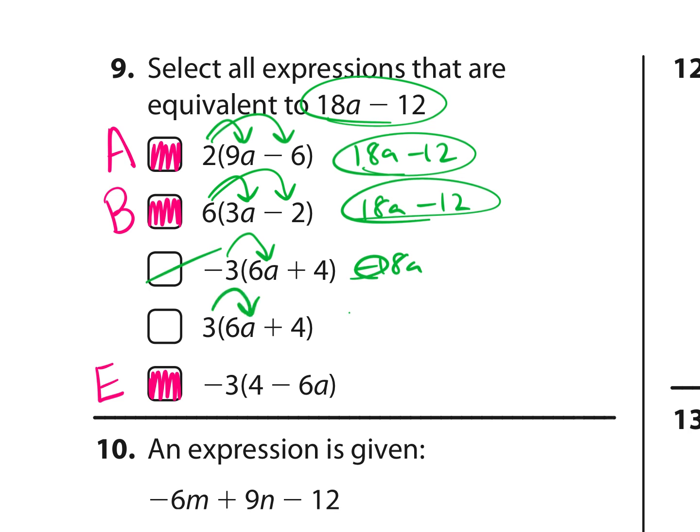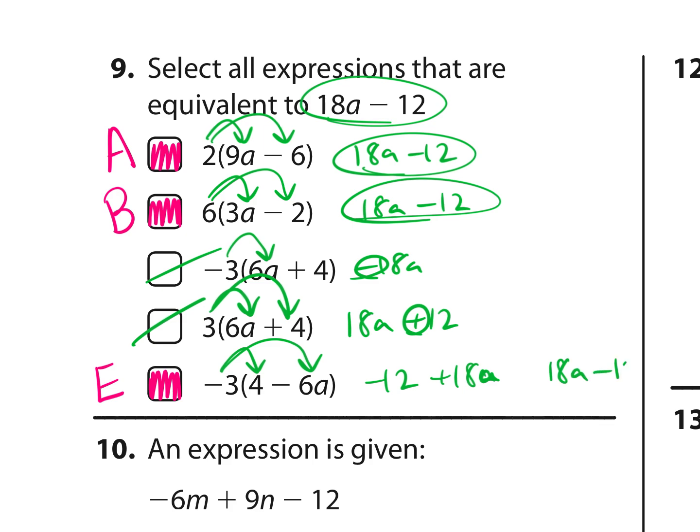This next one gives us 18a plus 12, different sign for our constant, so that doesn't work. And our last one, we get -12 plus 18a. And remember, we can change the order of terms. This is still 18a minus 12. We just kept the signs with it.